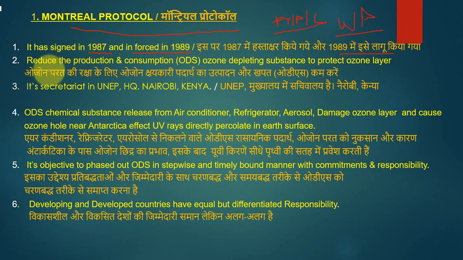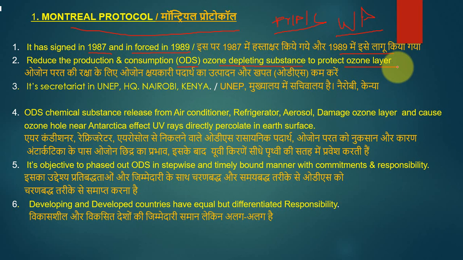Now, what is the focus, what is the motive? The Montreal Protocol aims to reduce the production and consumption of ODS. Yes friends, it is known as ozone depleting substance. Here it is mentioned: ozone depleting substances, to protect the ozone layer.